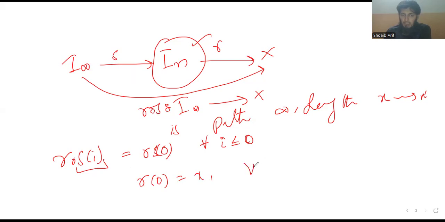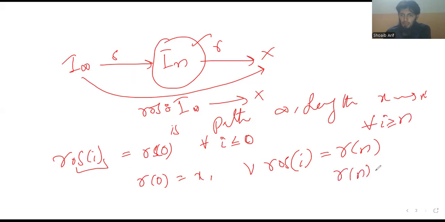And gamma compose S of i is equal to gamma of n for all i greater than or equal to n. So gamma of n, according to the definition of gamma, is x prime. So gamma compose S is a path from x to x prime of infinite length. So we can say gamma compose S is a reparametrization of gamma.